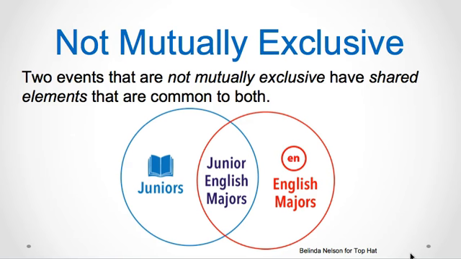Another example of not mutually exclusive events is students who are enrolled in statistics class and students who are enrolled in sociology class. There may be students who are taking both statistics and sociology in the same semester.